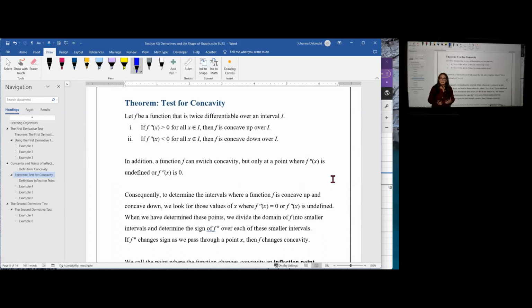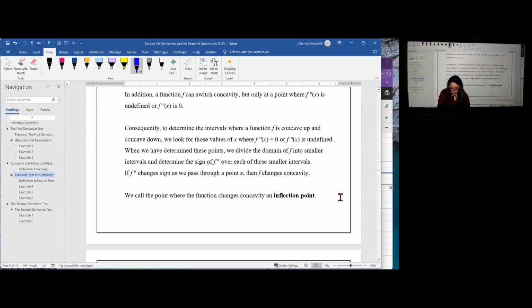So we have two possibilities to look for in the change in concavity. One, the second derivative does not exist, but the first derivative does, and the second derivative is 0. Sounds like a critical point. It is a critical point, but for the first derivative. The points where it changes concavity are called inflection points.